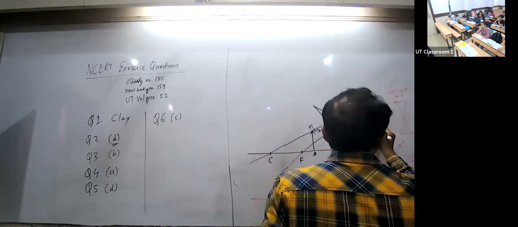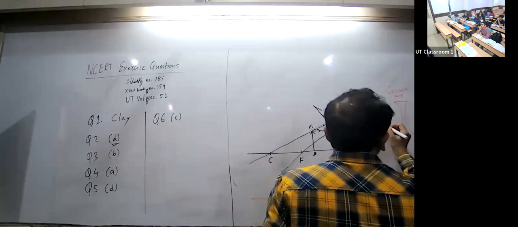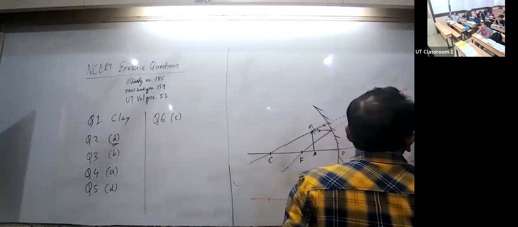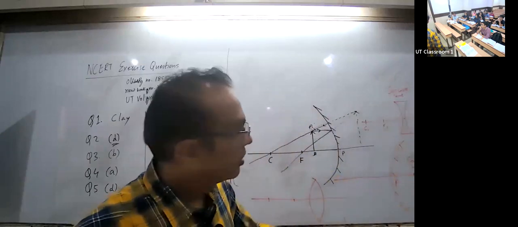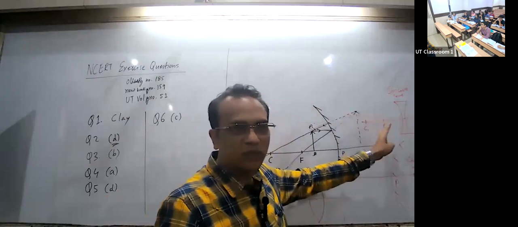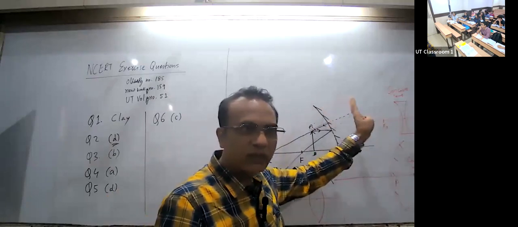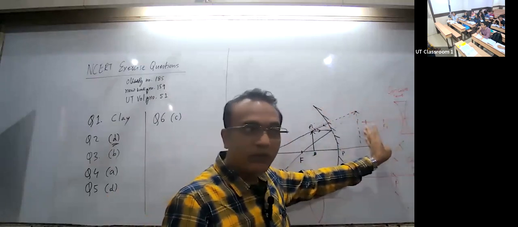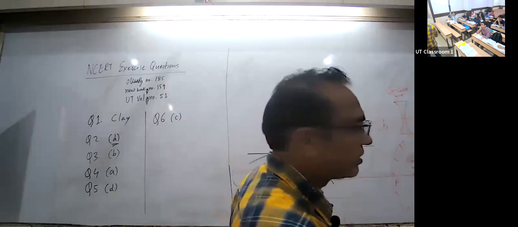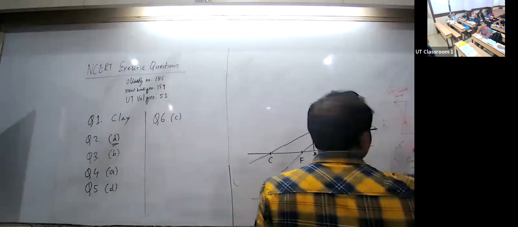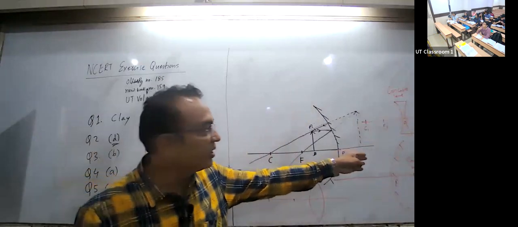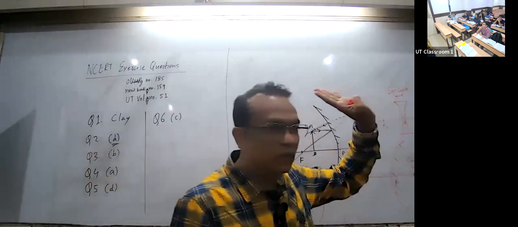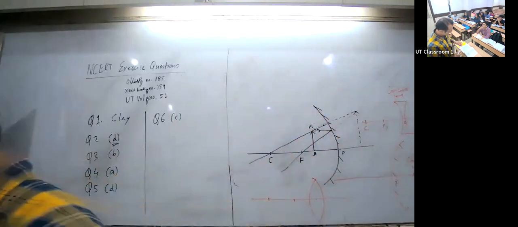What references? You have C1, F1 here, and you have F2, C2 here. But now you don't put it for 6 object positions. Infinity and optical center. Okay? So that is why we learn mirror first. Because we have the same object positions for concave lens. Right?